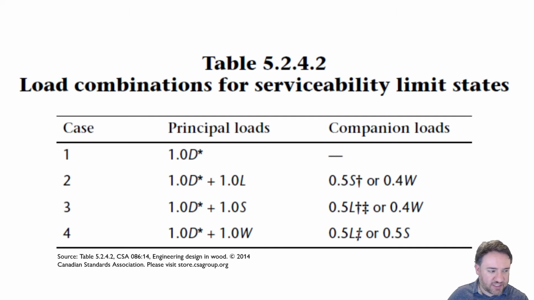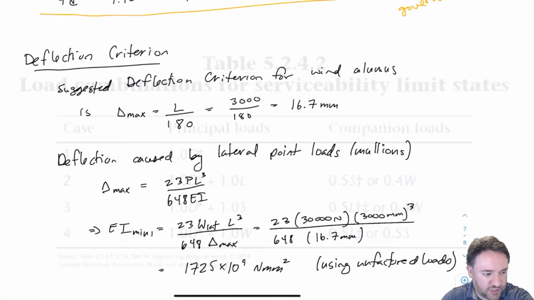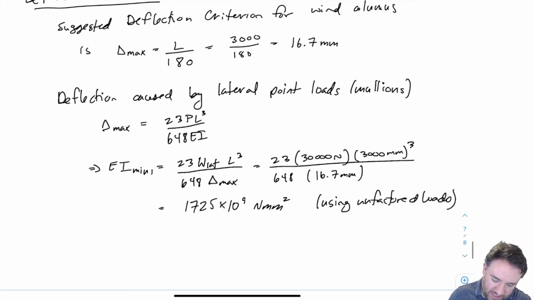And we're going to see that the effect is small, so it's going to turn out that we don't have to check both. And we're going to use 1.0 times dead plus 1.0 times W. We're not going to include the companion load because that's not going to cause bending in the same direction. And I have an equation for calculating that deflection.